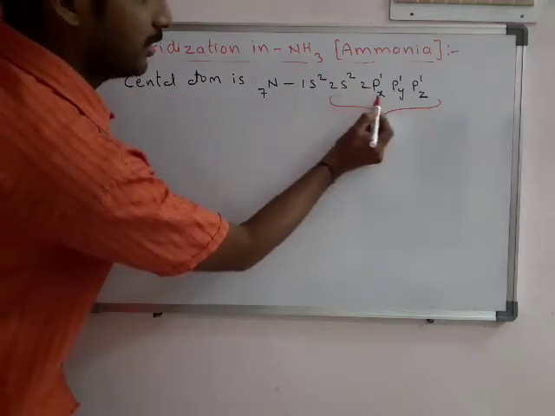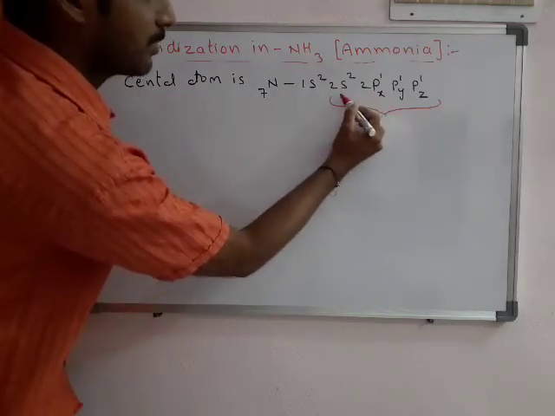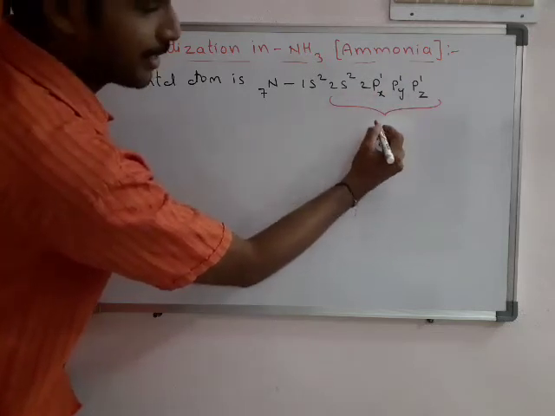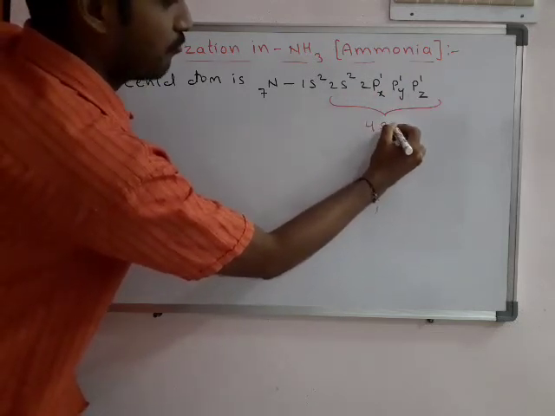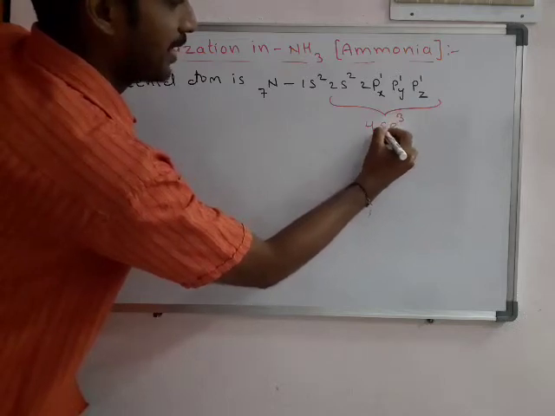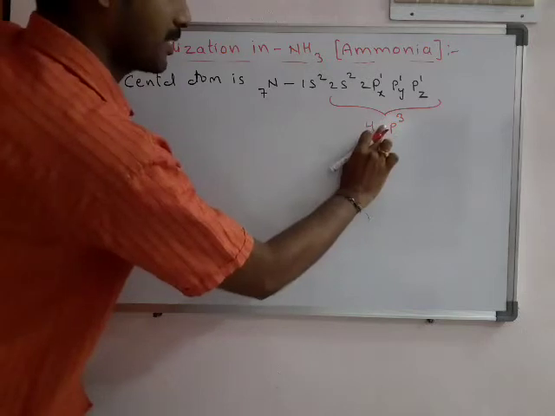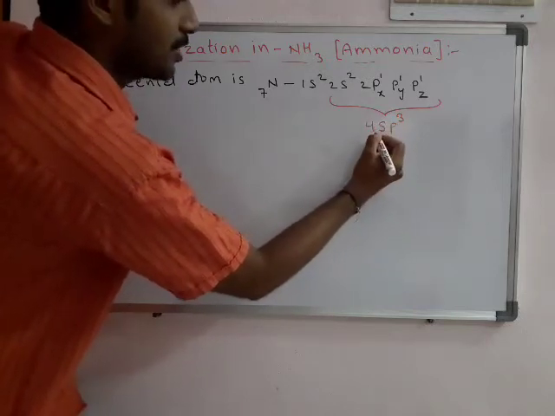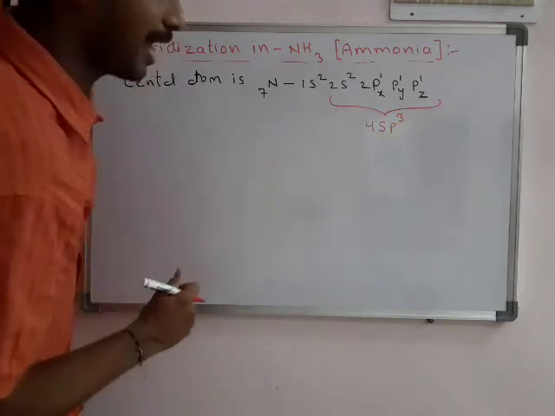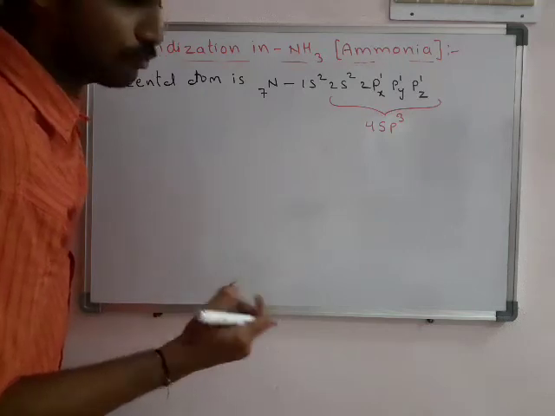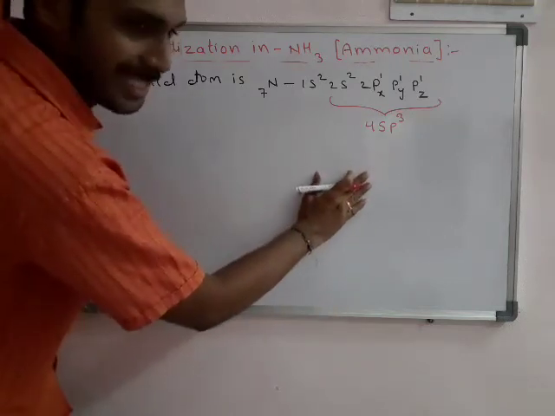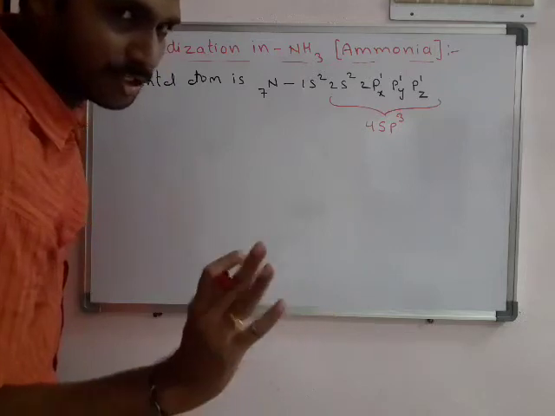One s orbital and 3 p orbitals combine together, forming 4 sp3 hybrid orbitals. We know that sp3 orbitals are arranged in a tetrahedral shape.